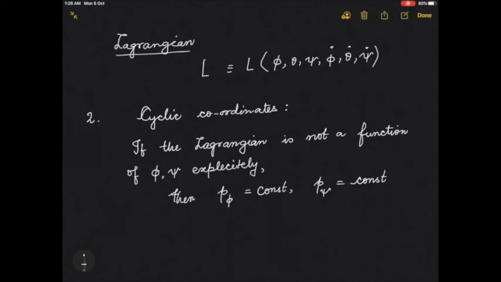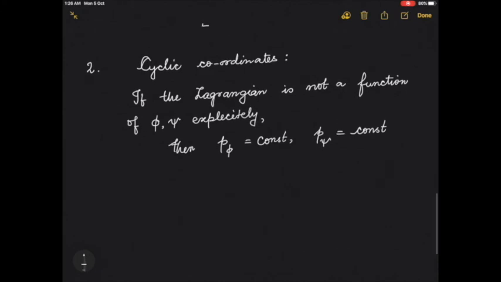This we have seen already. So the coordinates phi and psi are cyclic in this particular example.